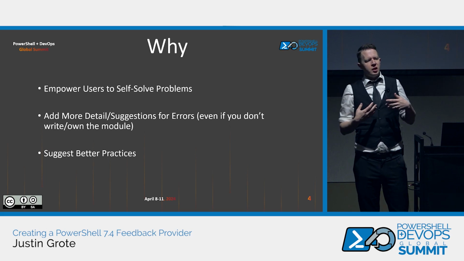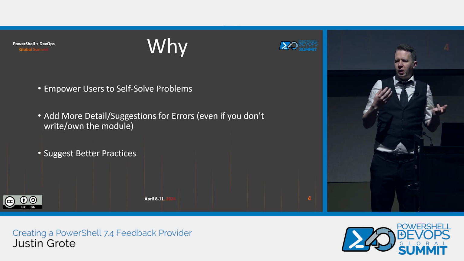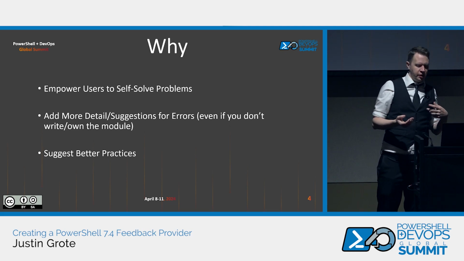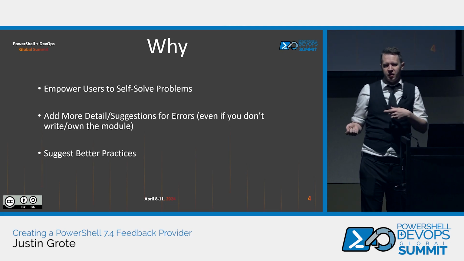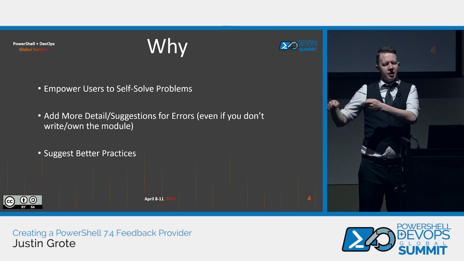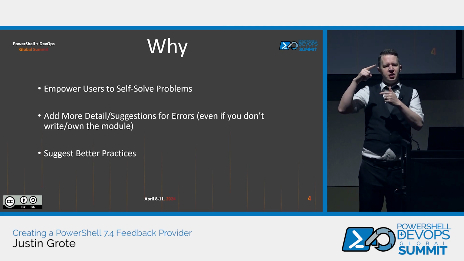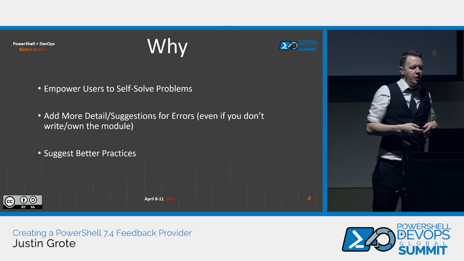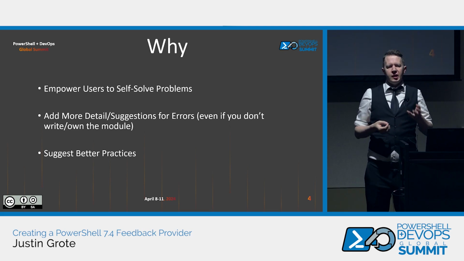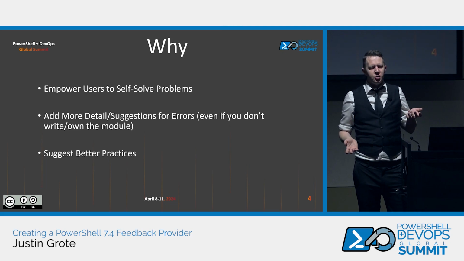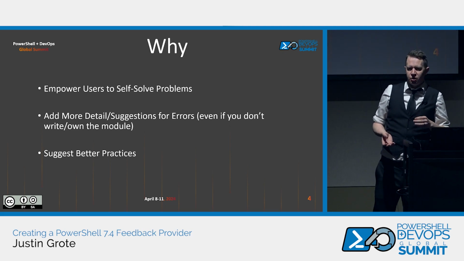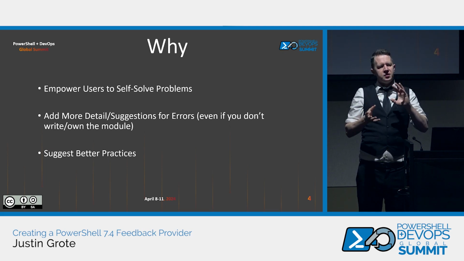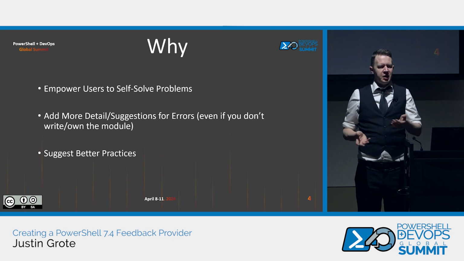So if there's a particular error that you know, oh, when you see this error, you need to log in, or you forgot to set up this other thing, or have you considered checking all this information, you can pop up a little message that can give that user that information. It's not that complicated of a thing, but it's pretty powerful because you're able to utilize what's called the abstract syntax tree, as well as all of the information that's in that exception, to customize and modify your message to present to a user.